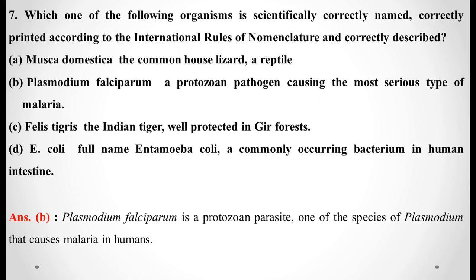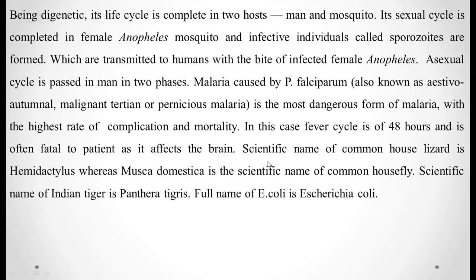And the third option says Felis tigris, the Indian tiger, well protected in Gir forest. Felis is a different thing and tiger is a different thing. The Indian tiger's name is Panthera tigris.